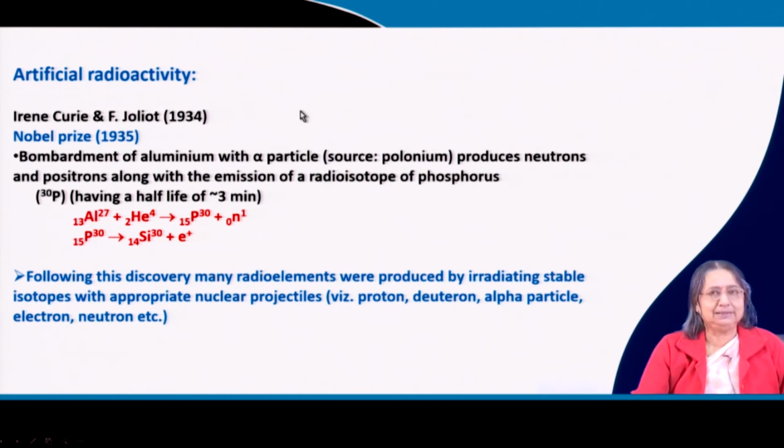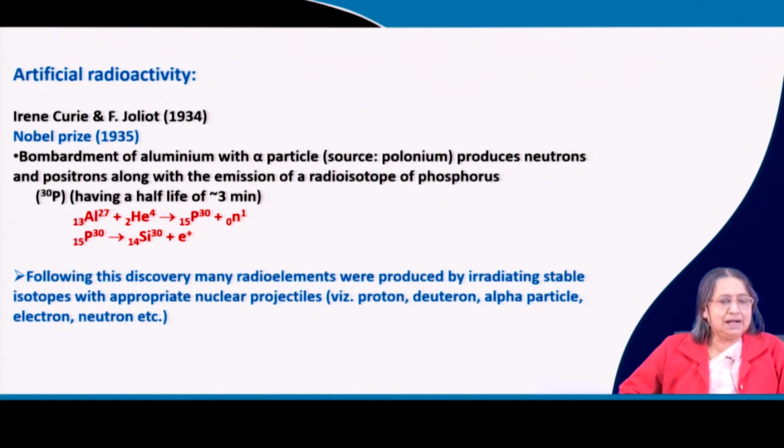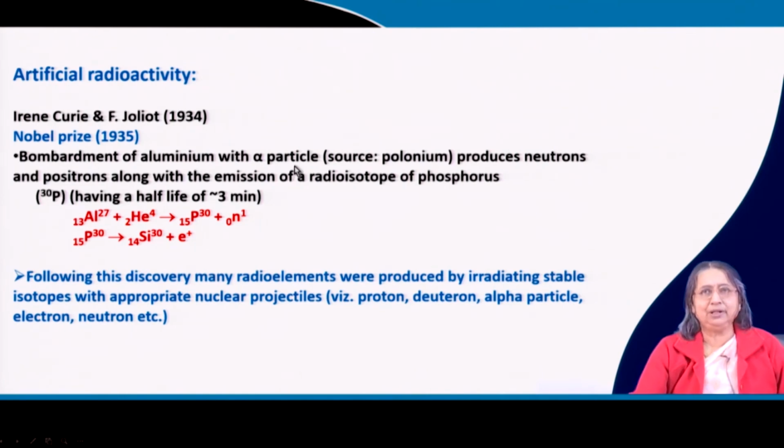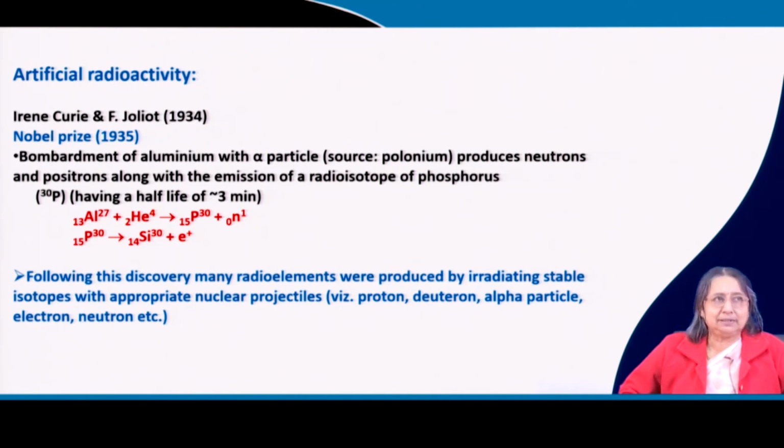Till now we have only seen that radioactivity comes out of heavy nuclei spontaneously. That is natural radioactivity, but this is artificial radioactivity. How did they get it? They bombarded aluminum with alpha particles. At that time a lot of experiments were going on, bombarding with alpha particles, to find out some particles and see the behavior.